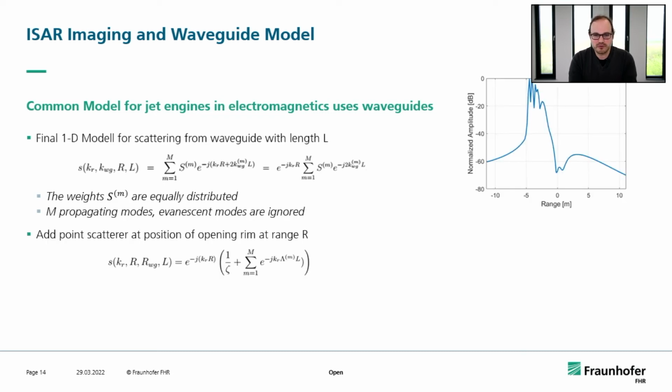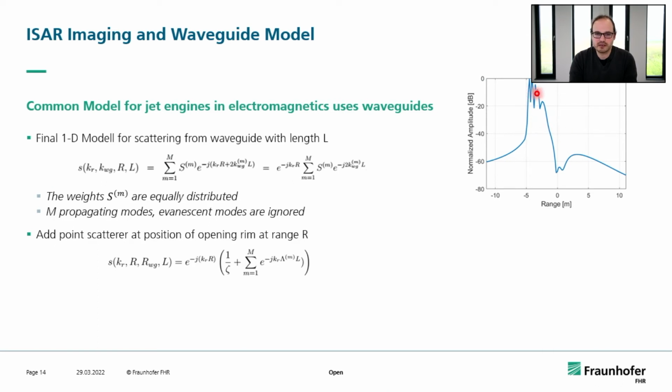So what we do now for our signal, for our model, is use this corrective term and add it at the position of the jet engine, where we also have a point scatterer from the opening rim. Then we have the propagation to the fan, and then we get the first reflection. This is what we see now in this 1D profile.